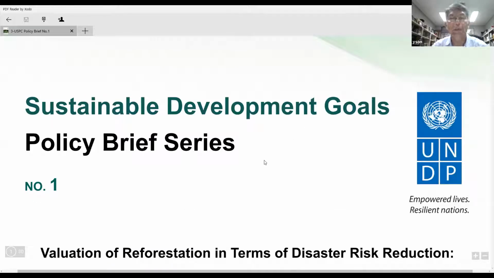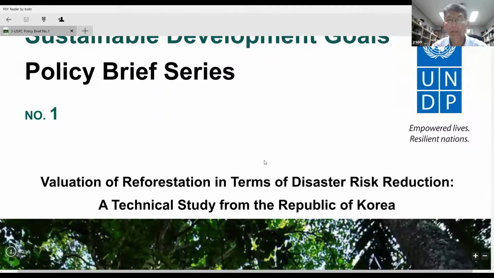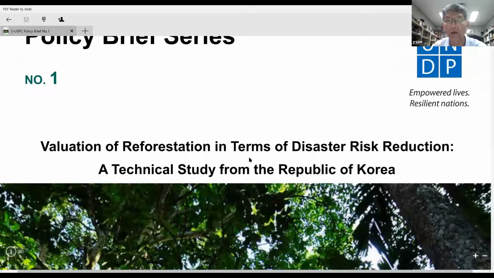Okay. I will move to the top of the publication. Again, this publication was produced by the UNDP Seoul Policy Center. It is about the valuation of reforestation in terms of risk reduction.